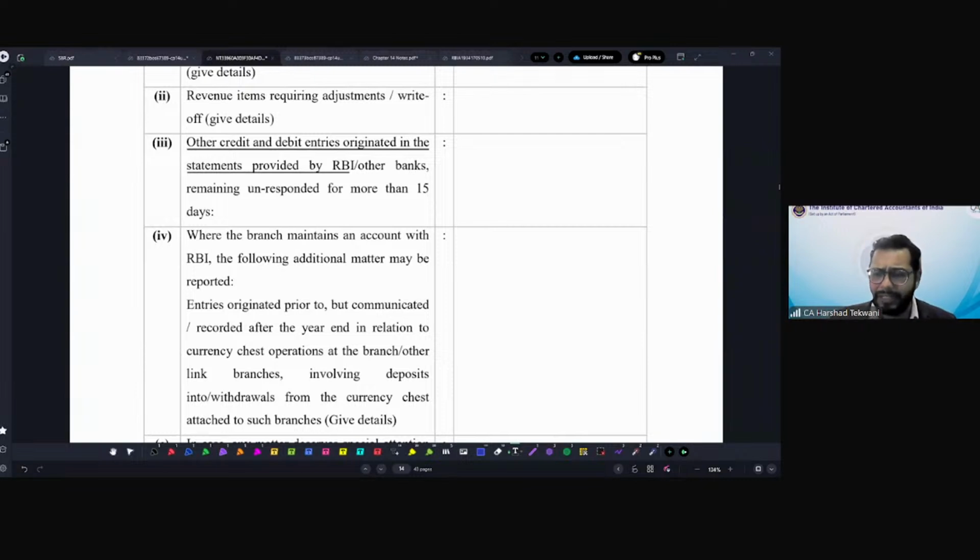There are bank fund scams. There was a bank receipt scam in the past. So these areas become very important when it comes to the performance of audit procedures. You can search on the internet about bank receipt scams, where fake receipts were issued by bank officials.